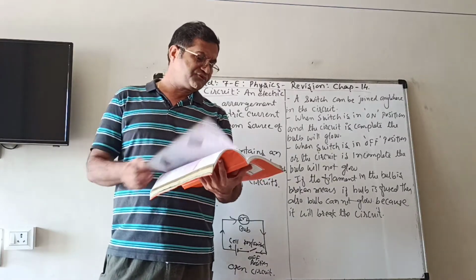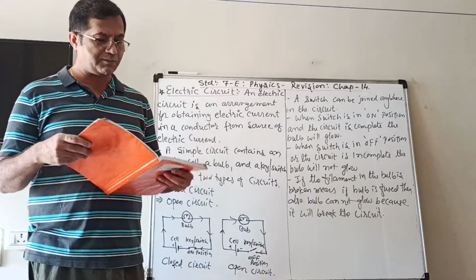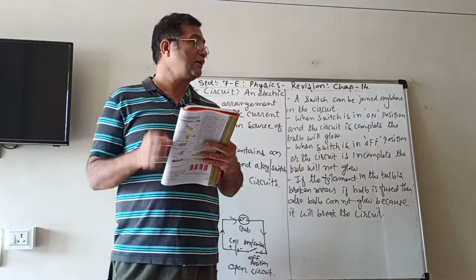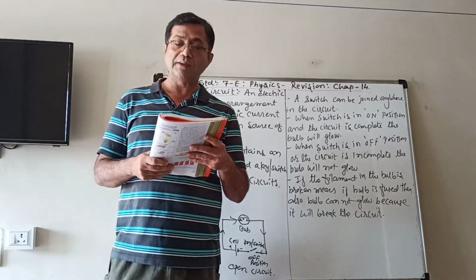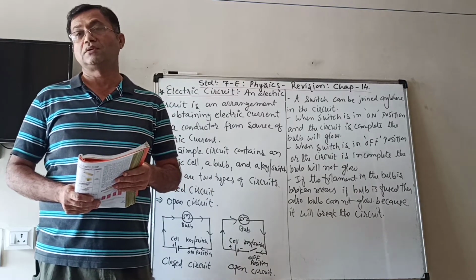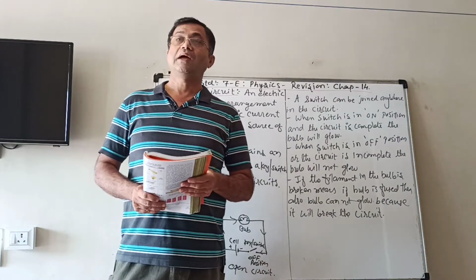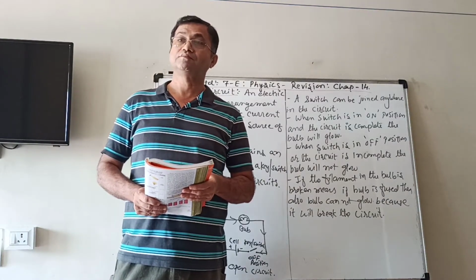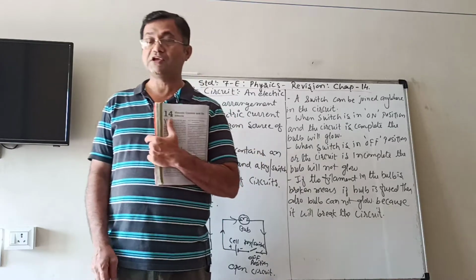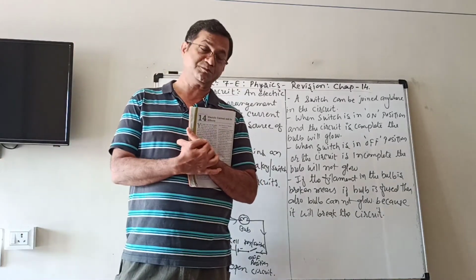In the previous video we learned about some symbols that we use for the electric components, like the cell, battery, and the wires, and the bulb, etc. And the switch in the on position, switch in the off position, etc.